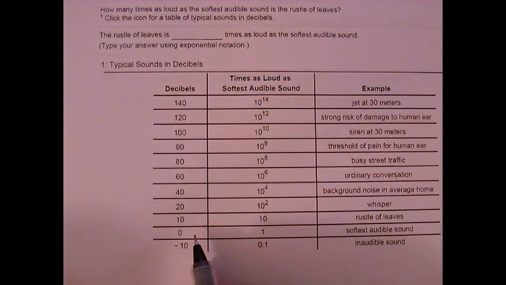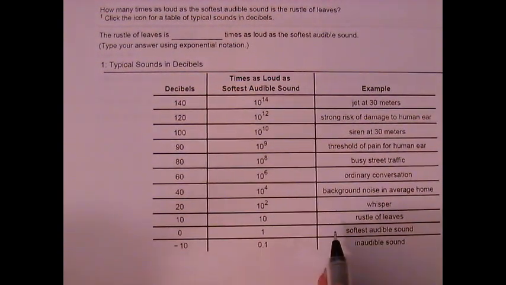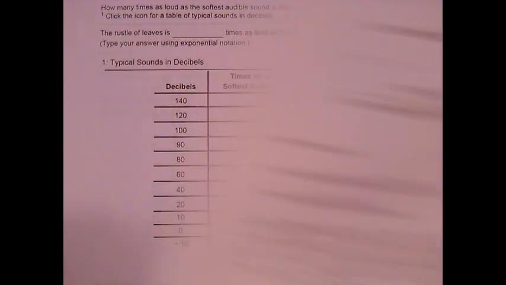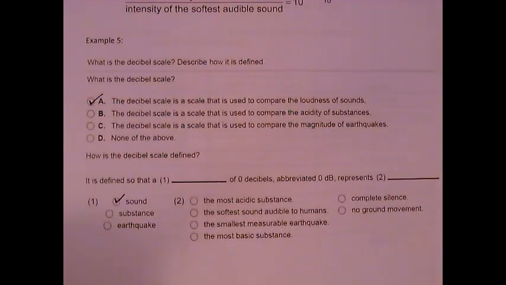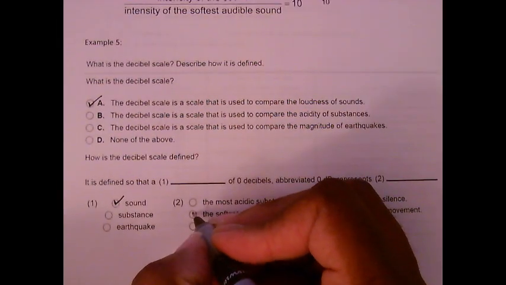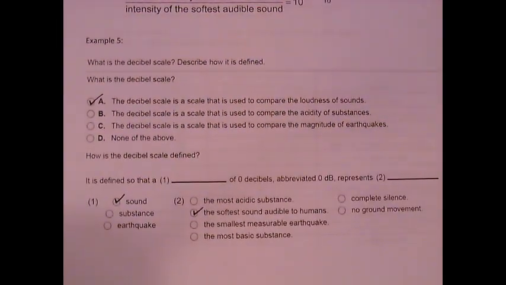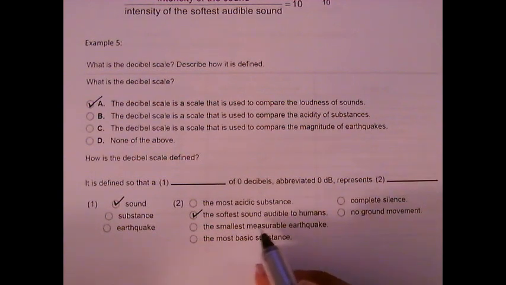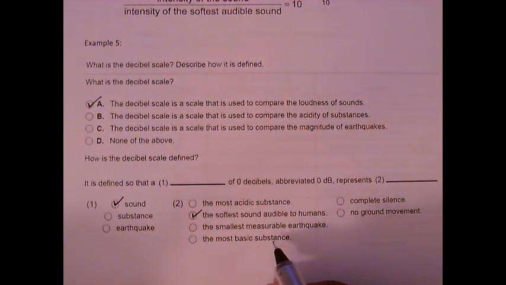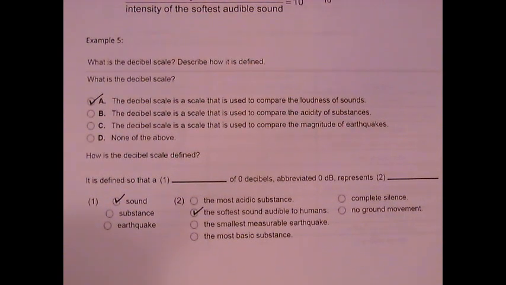When you have 0 decibels, that would be the softest audible sound. So here, we're going to choose the softest sound audible to humans. The other choices, acidic and measurable earthquake, most basic substance, complete silence, no ground movement, don't make sense. It's the softest audible sound for 0 decibels.